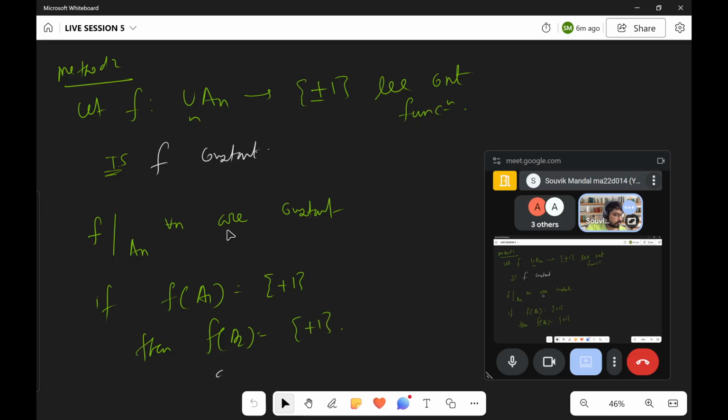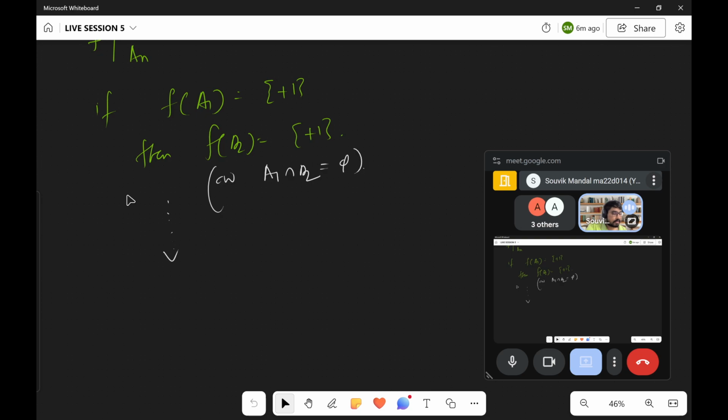Why? Because otherwise A_1 intersection A_2 could become empty, correct? So if we go on, this tells that f of A_n is equal to plus 1 for all n.